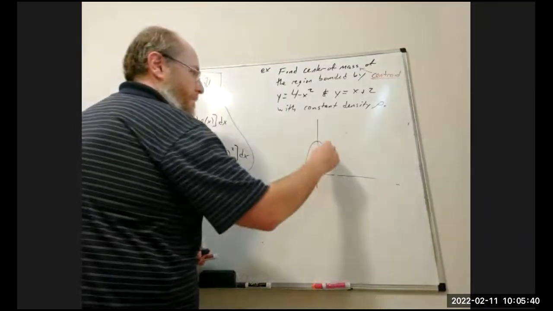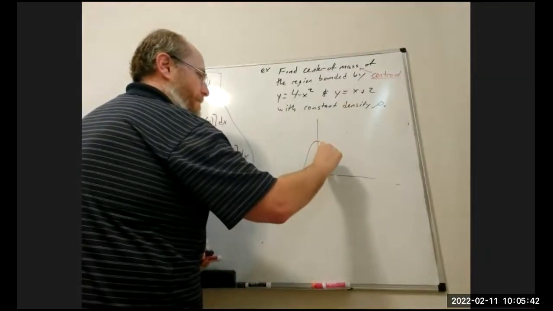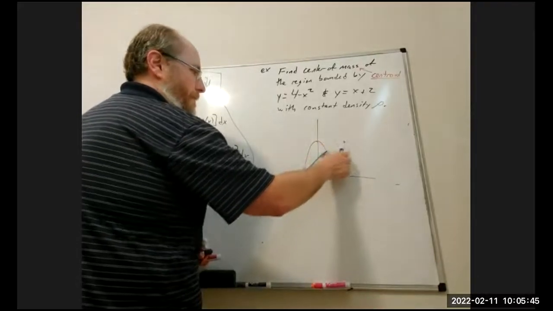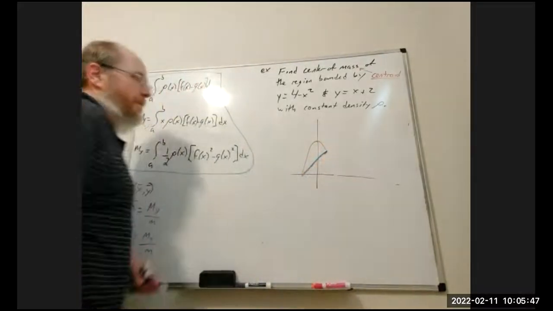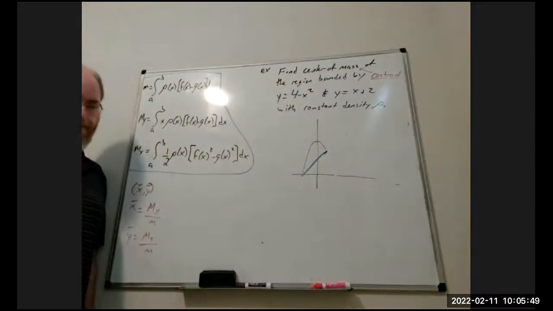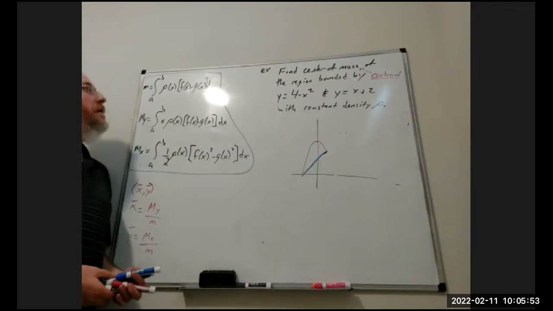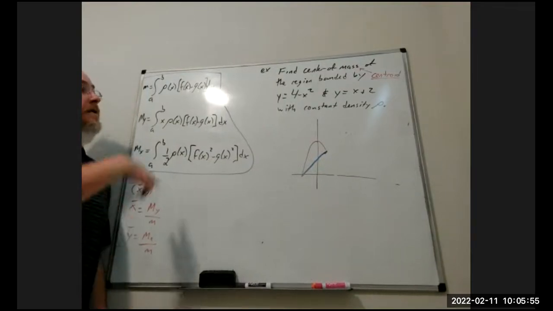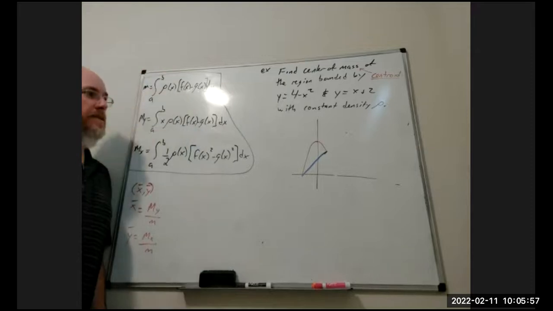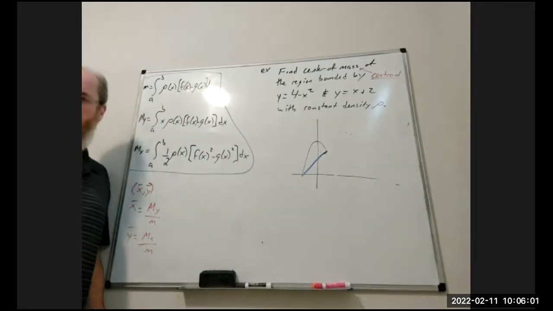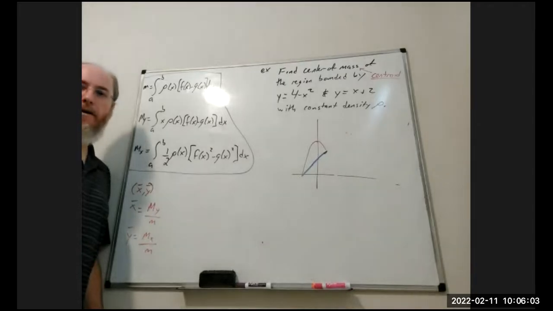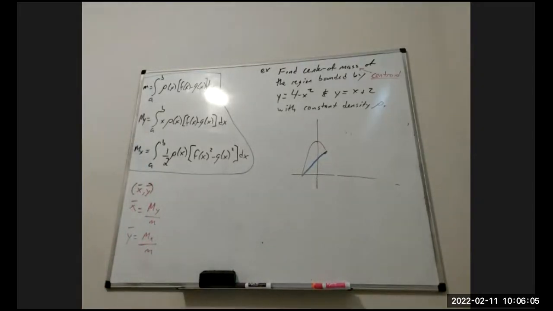All right, let me make that look like a line instead of something that's been bent. That's a little bit better. All right, so there's our shape. So we want to find its center of mass. Okay, so let's calculate these three things. Let's calculate the mass and the two moments, and then we'll get our centers of mass.